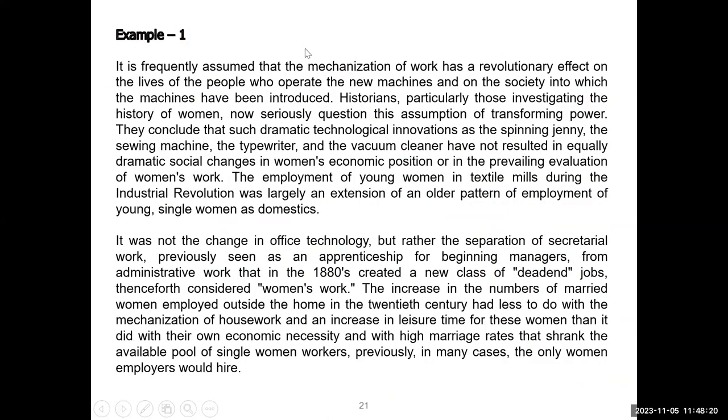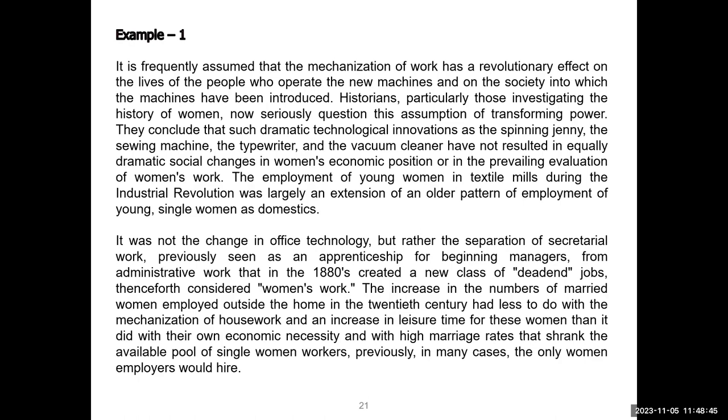You can see over here, this passage says, it is frequently assumed that the mechanization of work has a revolutionary effect on the lives of the people who operate the new machines and on the society into which the machines have been introduced.